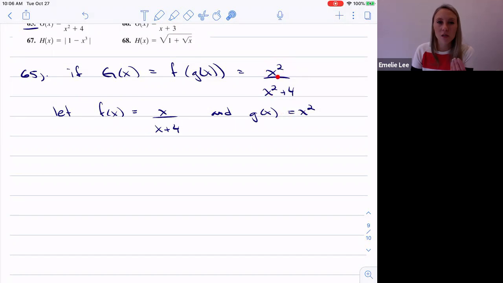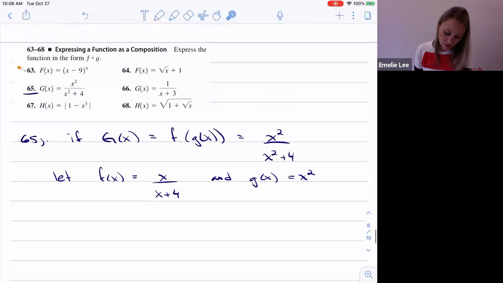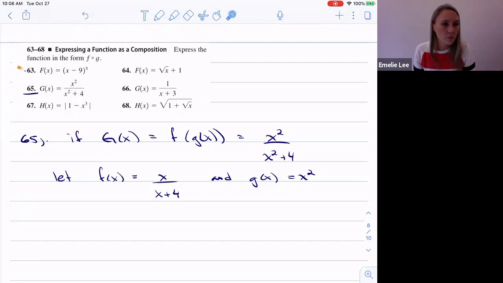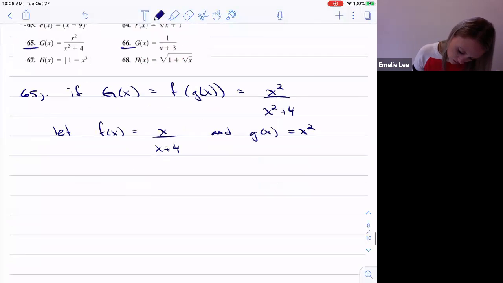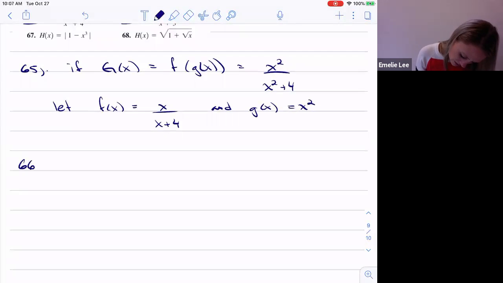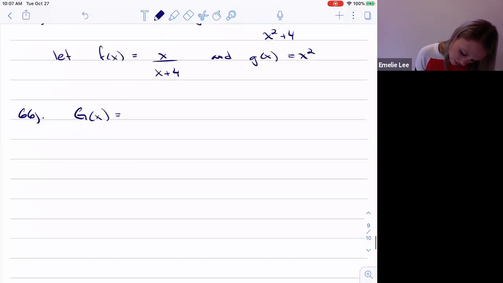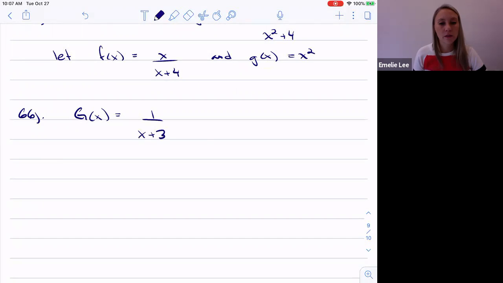So sometimes it's going to be useful to be able to look at something like this and see, okay, can I pull it apart into 2 different functions that have made a composition? Right? And so let's do 66 too. Capital G of x is 1 over x plus 3.